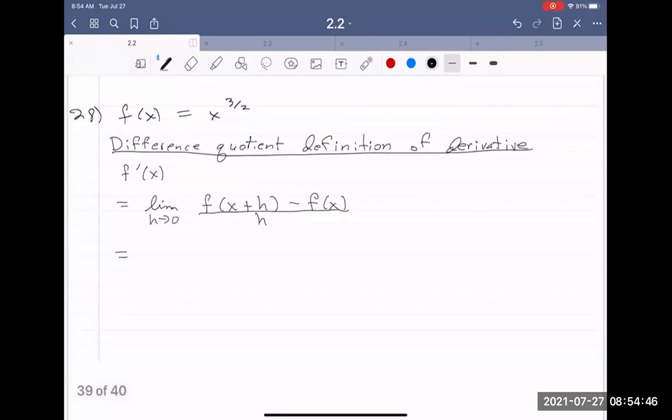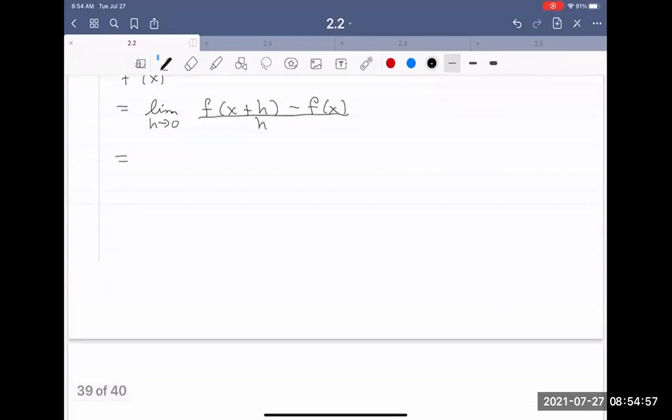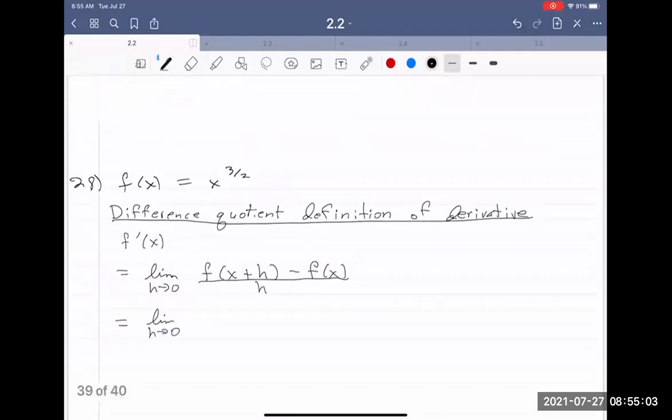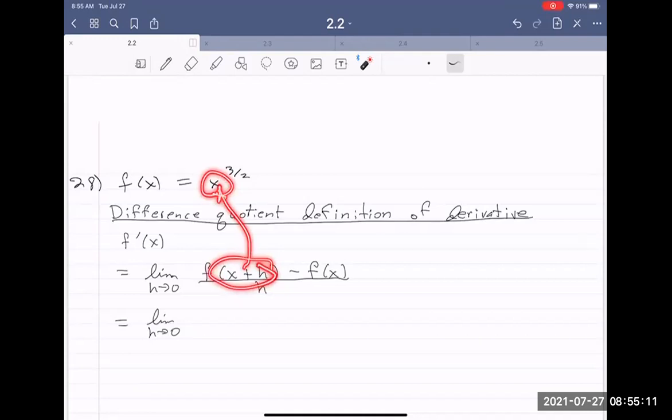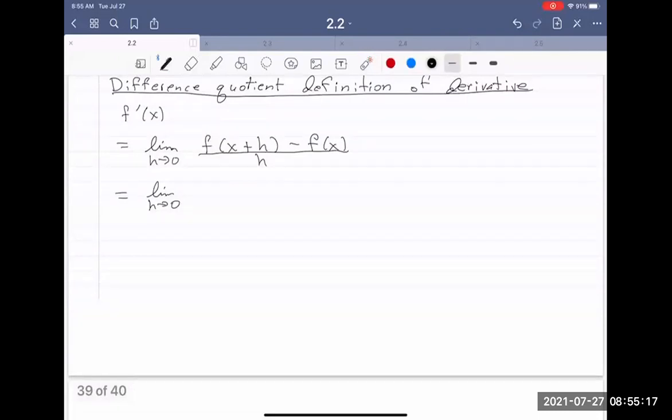This one will not involve nearly the amount of algebraic computations as the last one. Wherever I see an x in the formula for f, replace x by x plus h. So this is x plus h to 3/2 minus x to 3/2, all divided by h.